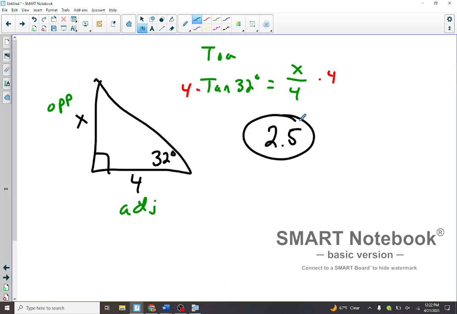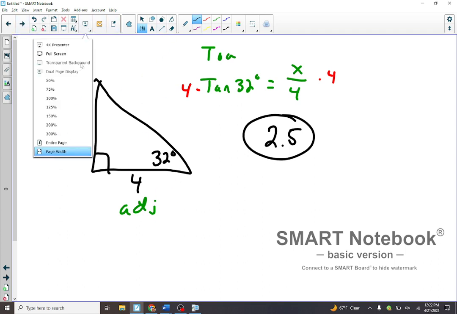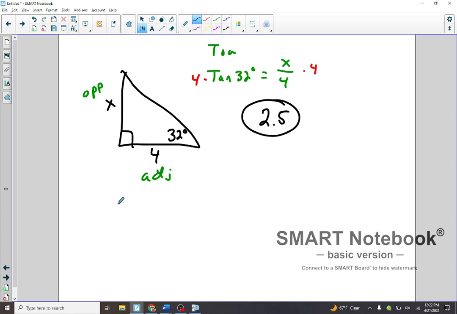Sit down. So 2.5 is your answer here. We have the reverse type of question here. Where we have a right triangle, let's say theta's up here this time to mix it up, and let's say this side is 10 and this side is 3.